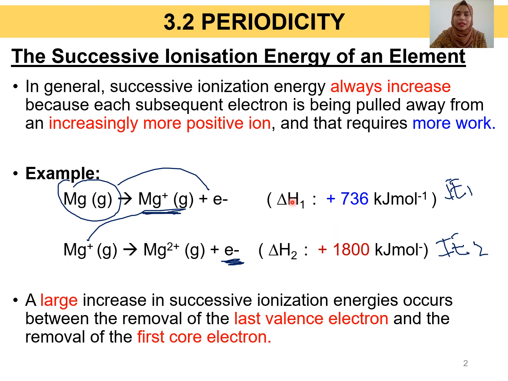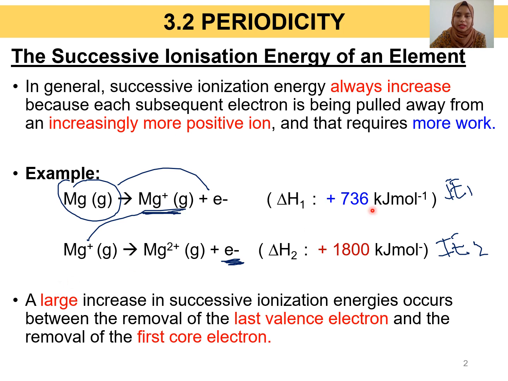Alright, and then bila you remove one electron tu, you remove the next electron, dia akan ada increase lah in more positive ion. Kiranya the more positive ion yang you akan form, the more energy that you need to remove the electron. Okay. Alright, apa yang berlaku kat sini ialah kalau let's say you ada jumpa large increase.